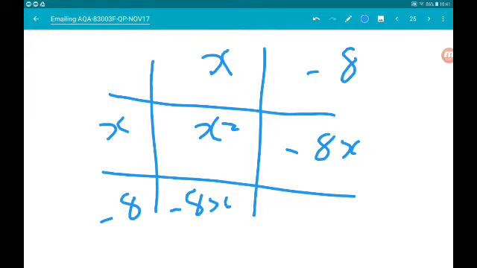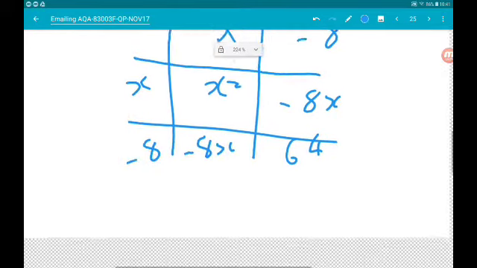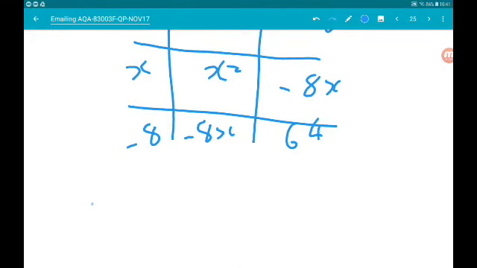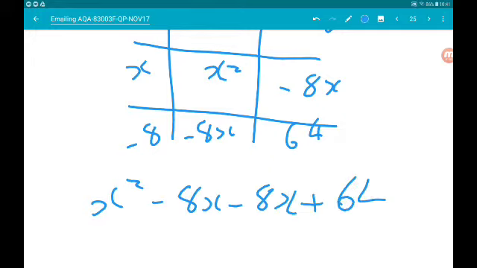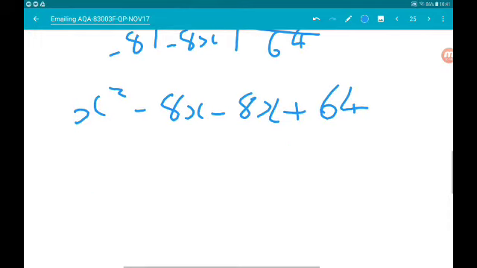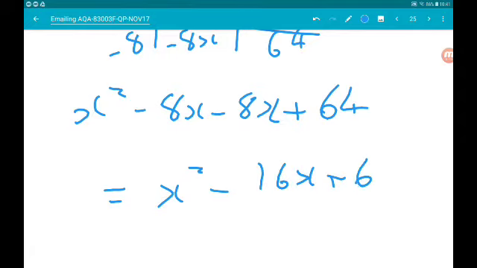And then minus 8 times minus 8 is positive 64. So taking everything out of the table, we get x squared minus 8x minus 8x add 64. That's going to give us x squared minus 16x add 64. If you want more examples on that, check out my quadratics playlist down below.